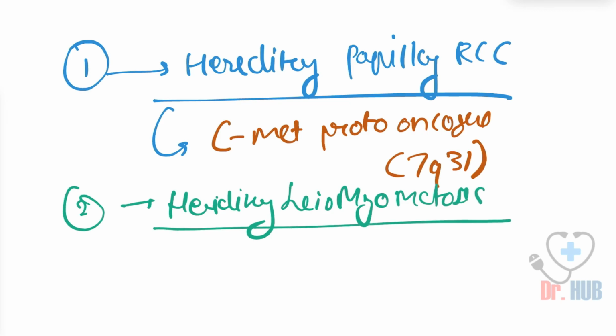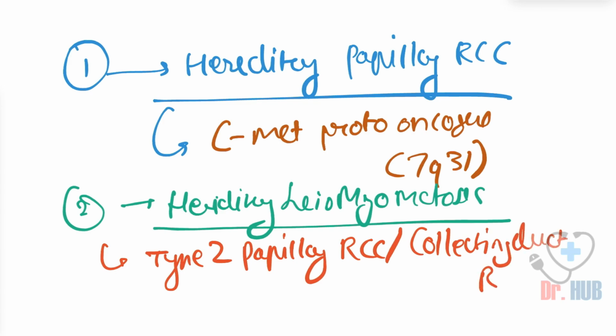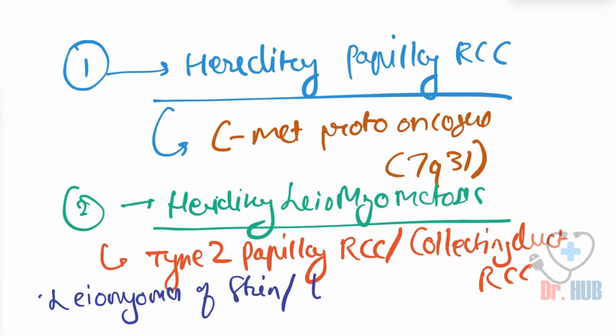In case of this, just to highlight, the genetic cause is fumarate hydratase, and the clinical features include type 2 papillary renal cell carcinoma, then also the collecting duct renal cell carcinoma, then also the leiomyomas, and this is of the skin or the uterus as well.